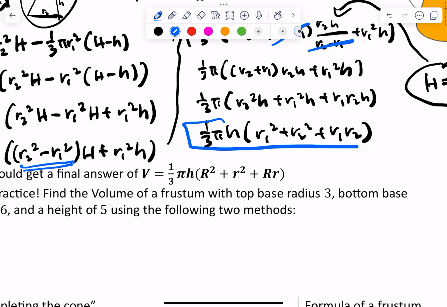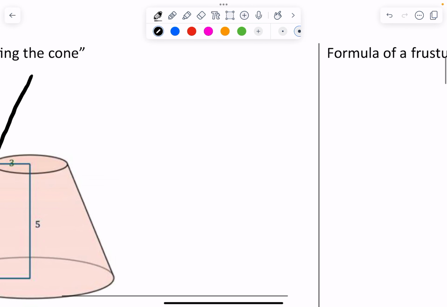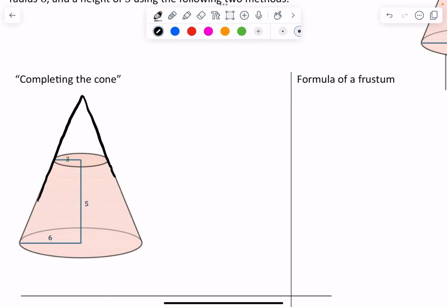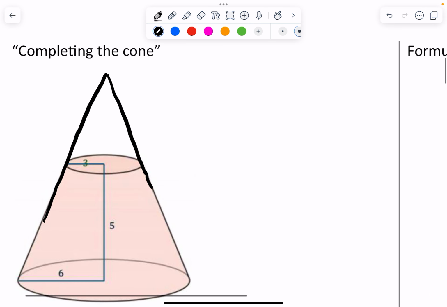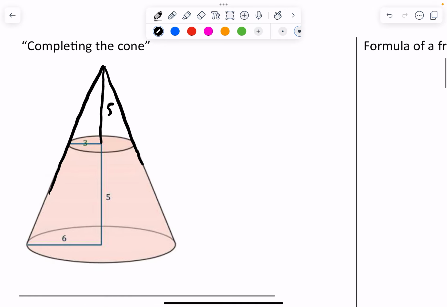What we want to do is complete the cone. So we want to put it up here like this, right? And then here we have a height of 5. Why? Because these two triangles are similar.